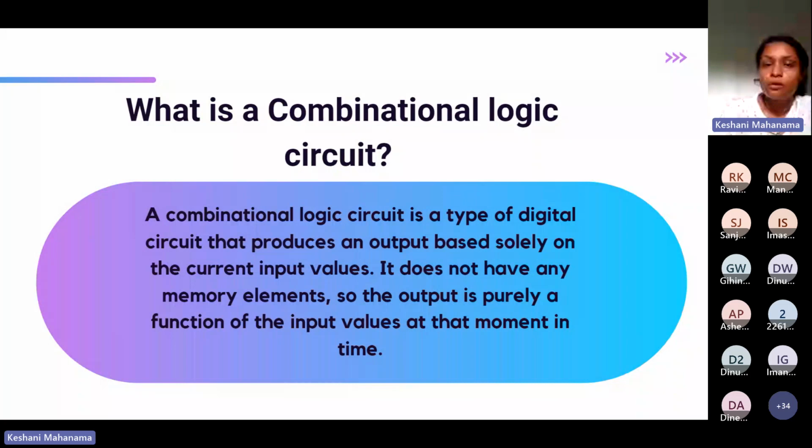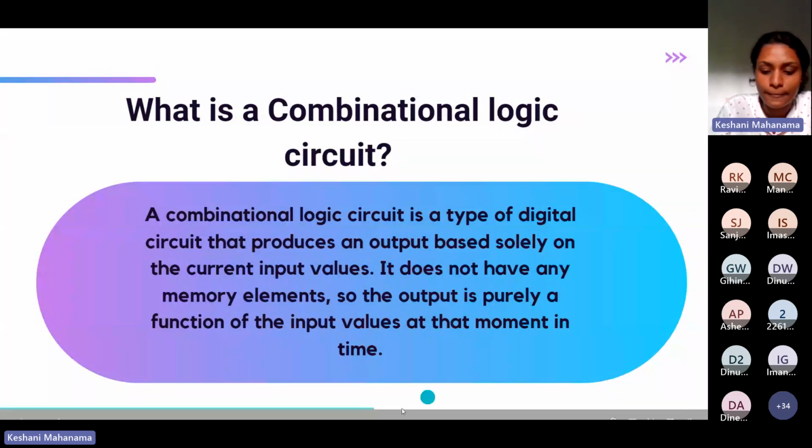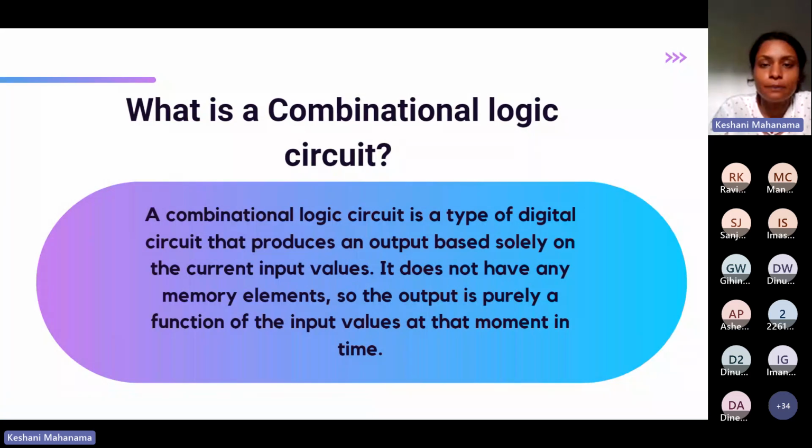Sequential logic circuits always give the output according to the previous outputs, but combinational logic circuits give the output according to the current input. That is why it has no memory element to keep the current values. So this is the block diagram of the combinational logic circuit.